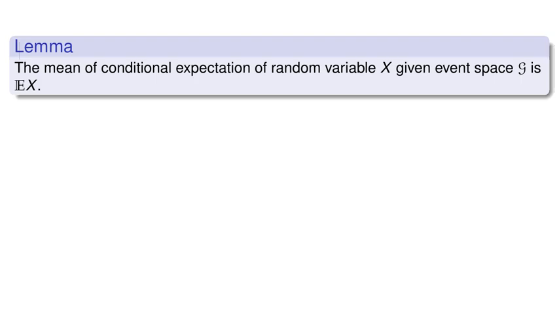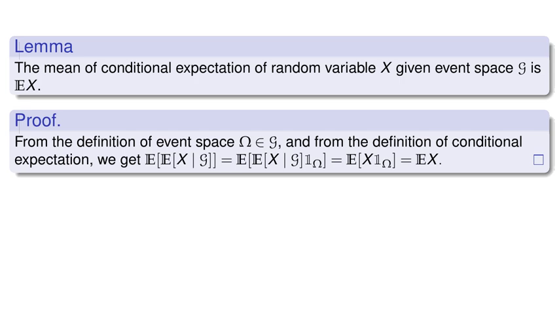Another key property, often called the tower property or law of total expectation: the mean of the conditional expectation of x given script G is just the mean of x. The proof is simple.